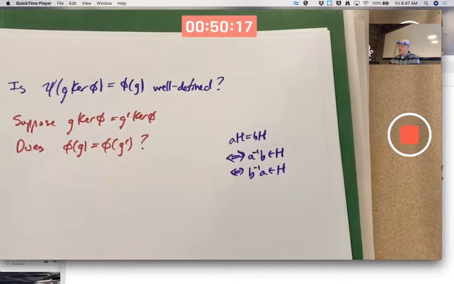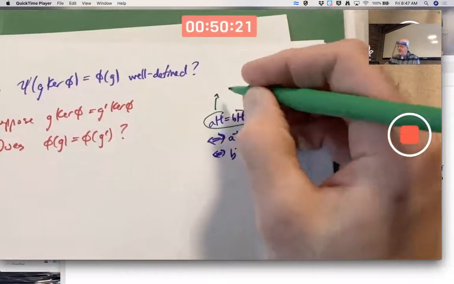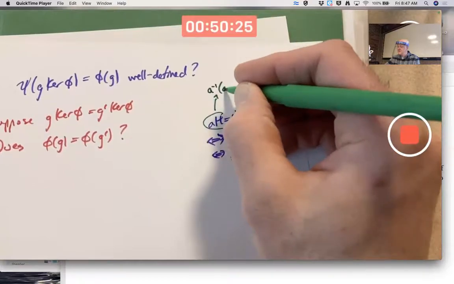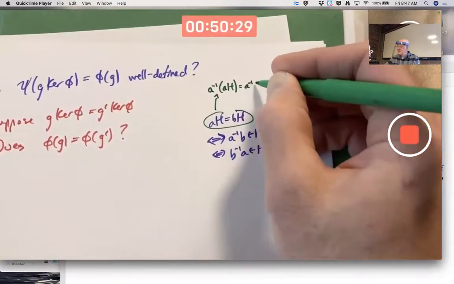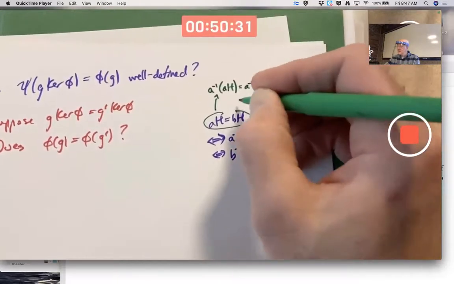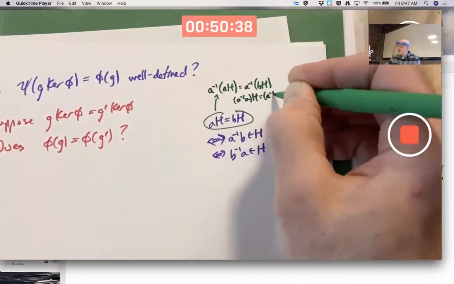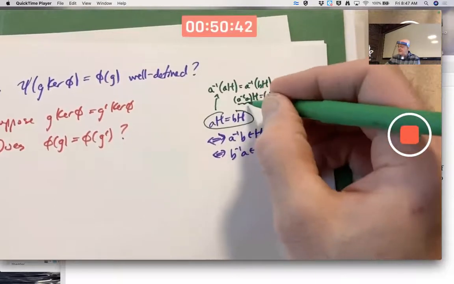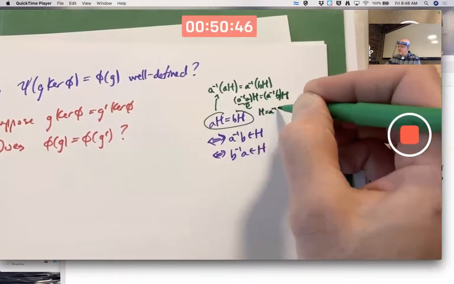Thought about intuitively, you could take that equation and multiply both sides on the left by a inverse. And then use the associative law, and that's the identity. This is saying H equals a inverse b H.